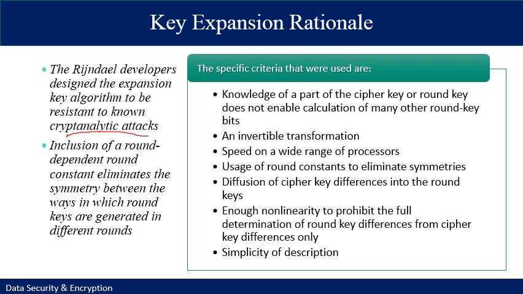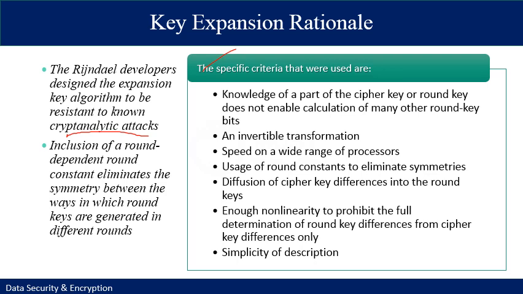The specific criteria for these round-dependent round constants are given as under. Knowledge of a part of a cipher key or round key does not enable calculation of many other round key bits, because at each step you use a different key expansion word to encipher the plain text.